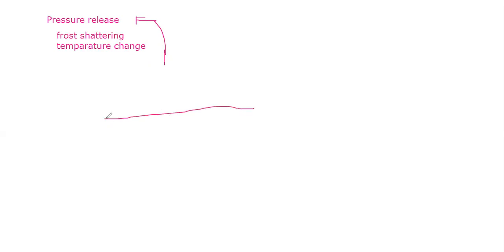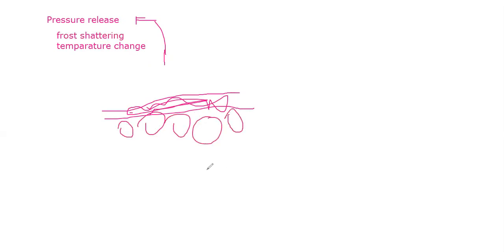We have another layer, some rocks here. So pretend that some rocks are right here, underneath. Now, when pressure release happens, these rocks, this is another layer of the earth.